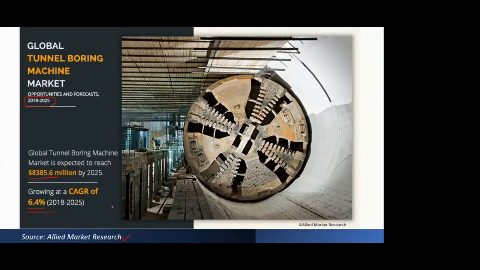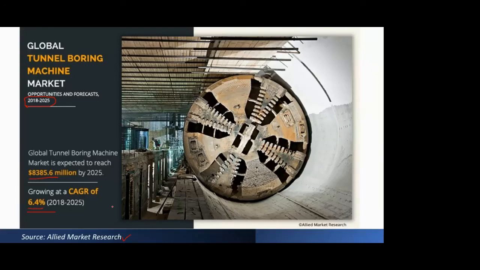If tunnel boring machines are being sold at such a rate, obviously they are going to be used in construction works, and that is where civil engineers come into the picture. So this is one area that you might want to explore.